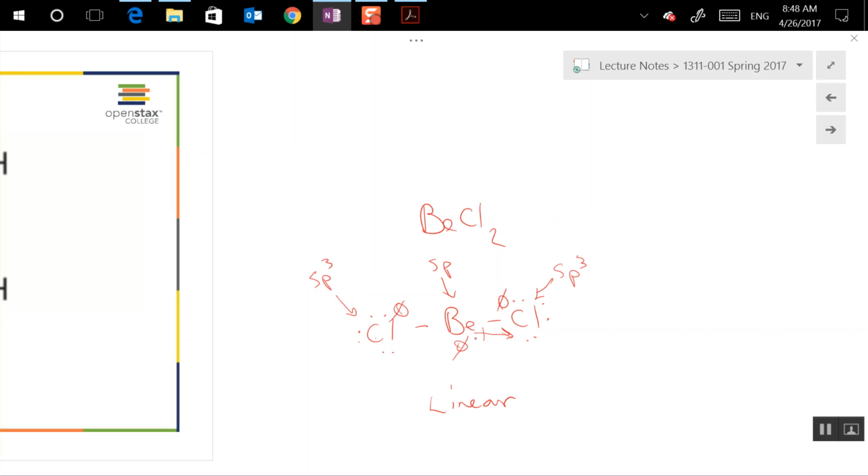But I'm just showing you that this is a polar bond between Be and Cl. So the dipole moment, if it was just Be and Cl, would be pulling the electrons towards chlorine. So we would draw it like this. Okay? However, because I have a chlorine over here too, it's pulling with the exact same force, right? So it's a tug-of-war for electrons.